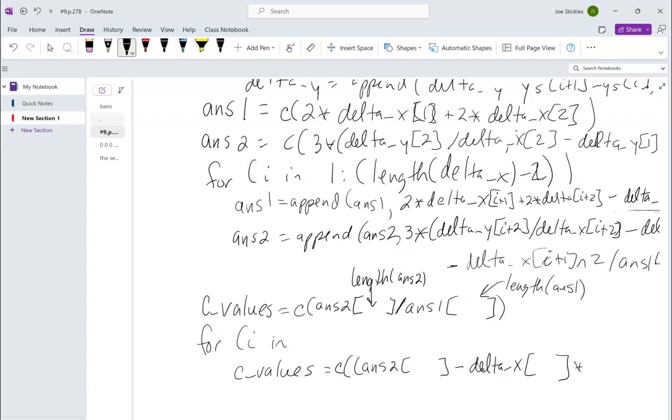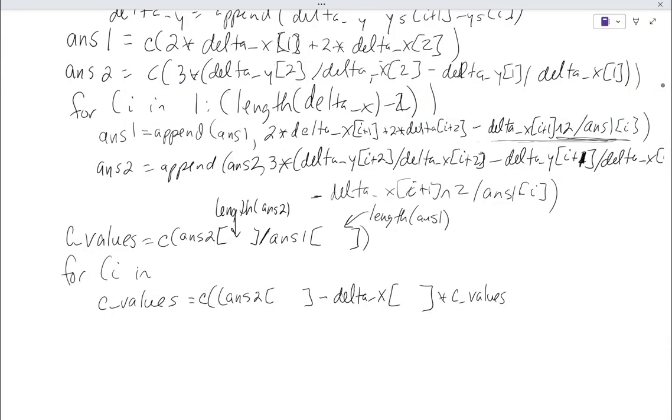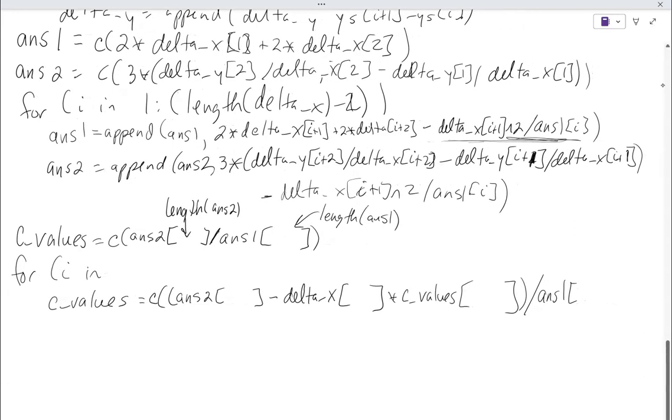Times our previous C value, so we'll need to figure out what to put in here as well. And then divided by the answer 1 of an index, whatever that happens to be. We'll figure that out in a second. And I'm going to append that, so put a comma, and then I'll just put C values on the end, and it'll stick it on the front instead of on the back.